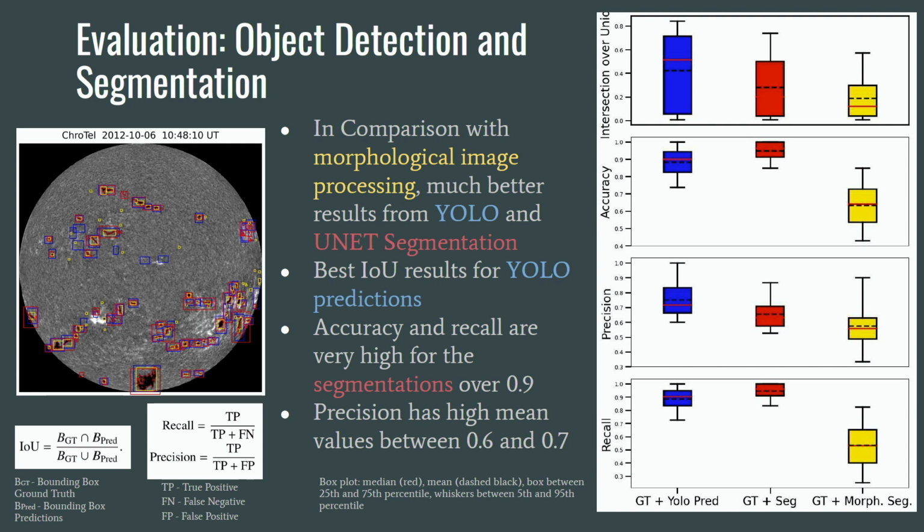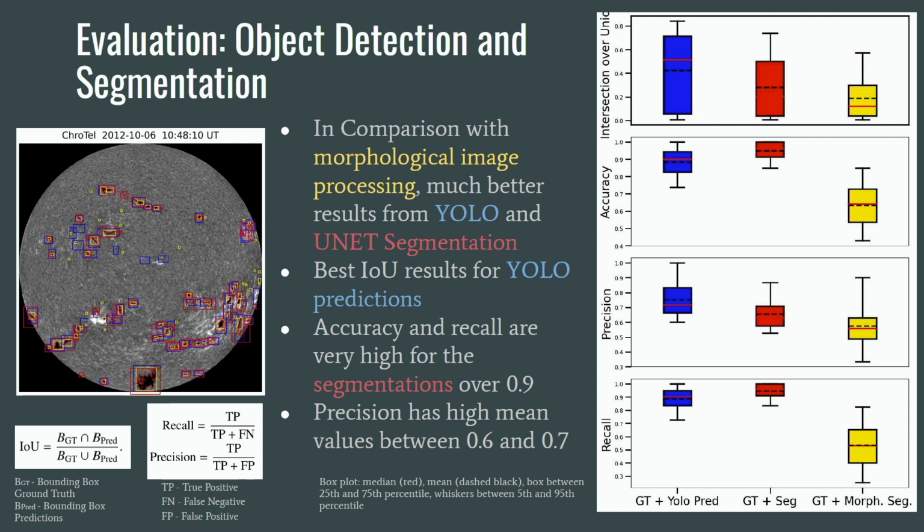And we see that we get very high mean values for the intersection over union from the ground truth and YOLO. It's a little bit less for the segmentation method, but most probably that's due to how we create the bounding boxes, so there are still some problems with how we define the bounding boxes after the segmentation.